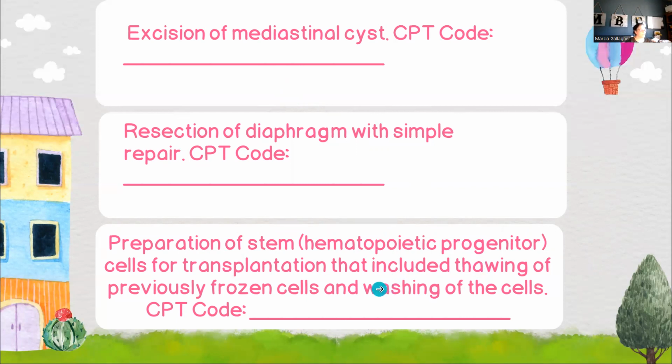So you're going to go to transplantation, stem cells, then thawing, and you have a choice of two codes, 38208 or 38209. So I'm going to let you decide which is the correct answer on that one.